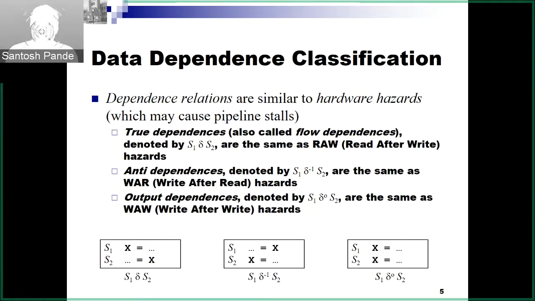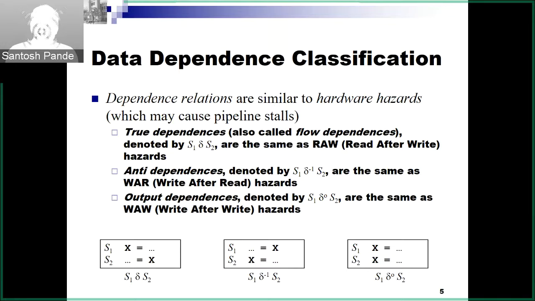The reason it must be preserved is because S2 must use the new value of X as per the program semantics, which is generated over there. And so this dependence is called a true dependence or also a flow dependence. We'll see in a minute why it is called a true dependence.